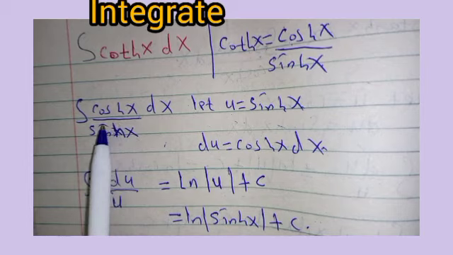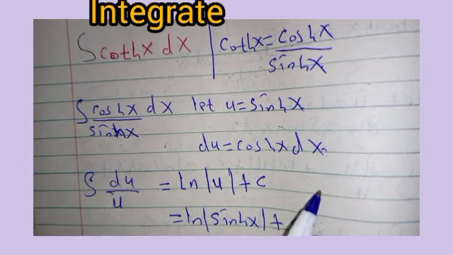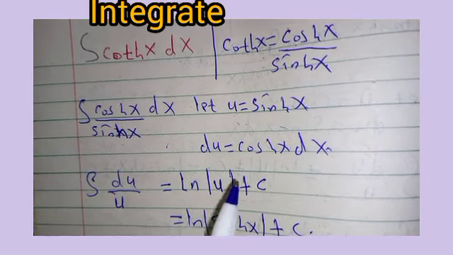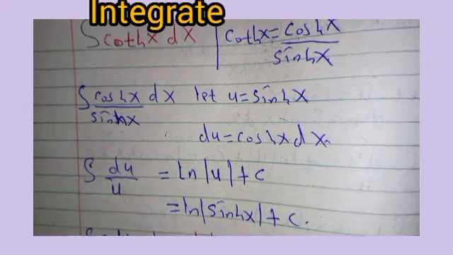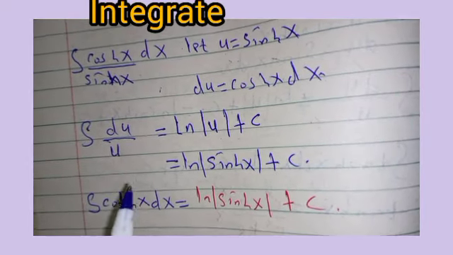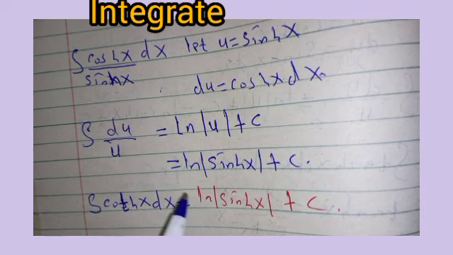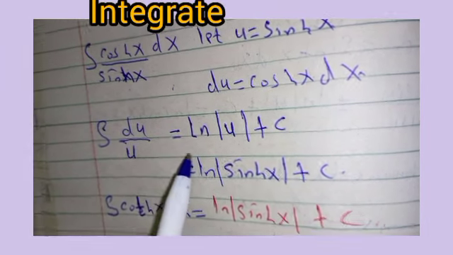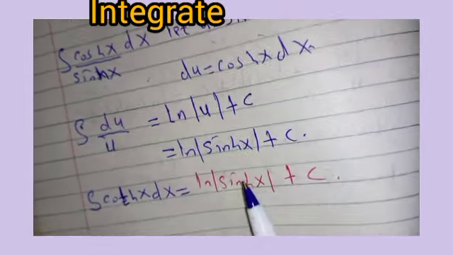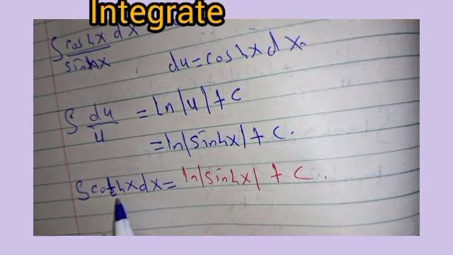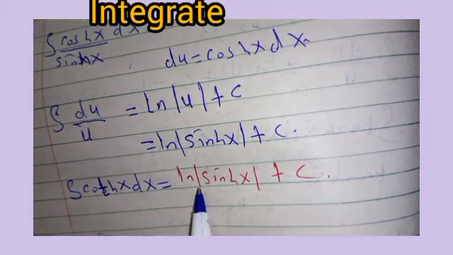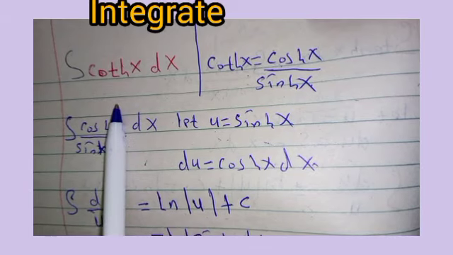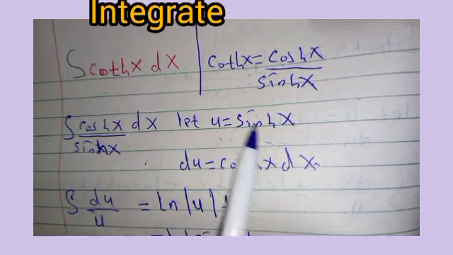Then you substitute: your numerator, hyperbolic cos of x dx, gives you du, and the denominator gives you u. When you integrate 1 over u with respect to du, it will give you natural logarithm of u, meaning that the integral of hyperbolic cot of x is natural logarithm of hyperbolic sine of x. So that is how we can integrate hyperbolic cot of x using u substitution.